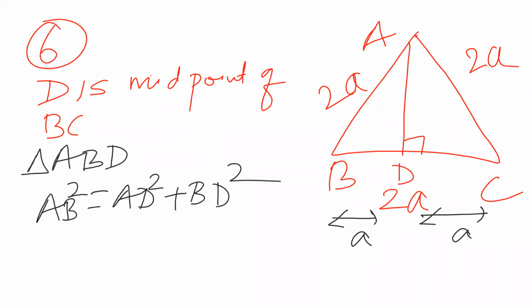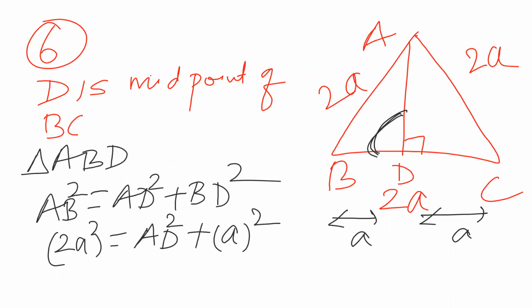No confusion, this one is the right angle and AB is the hypotenuse. So putting the value of AB as 2A whole square, AD you have to find, and BD as A whole square.